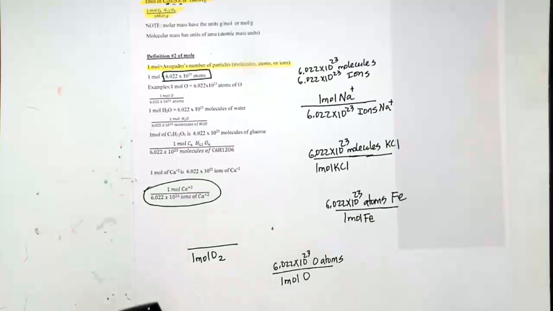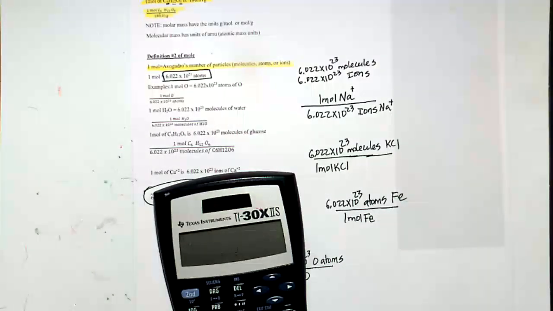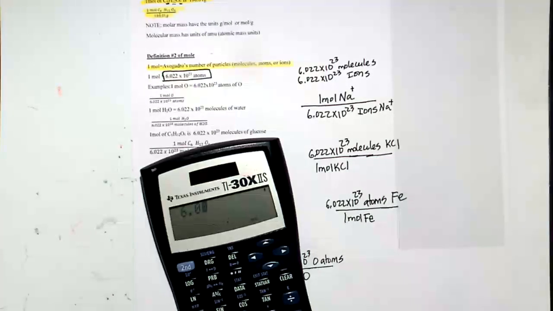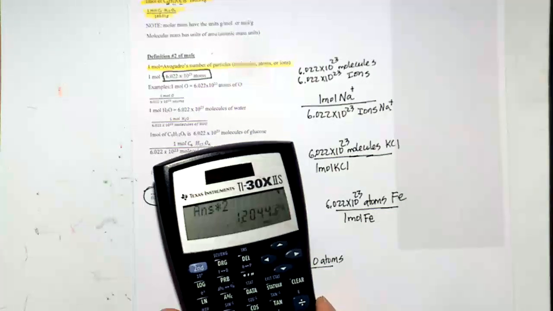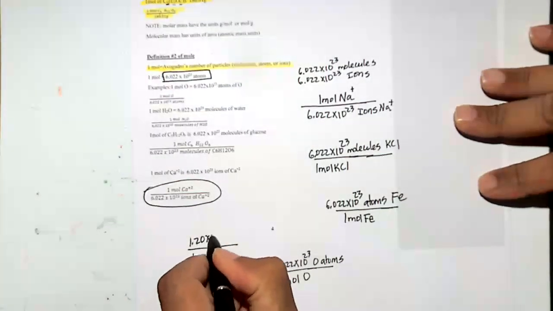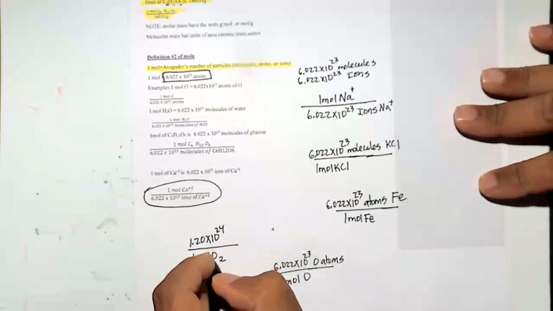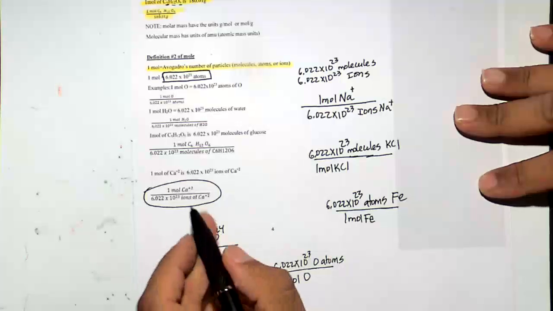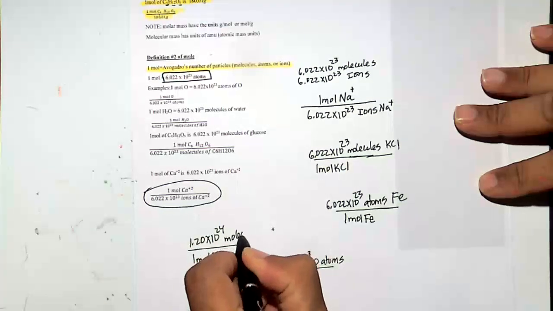So this becomes 1.20 times 10 to the 24. Oxygen is a molecule.